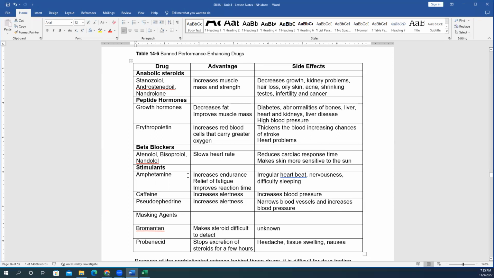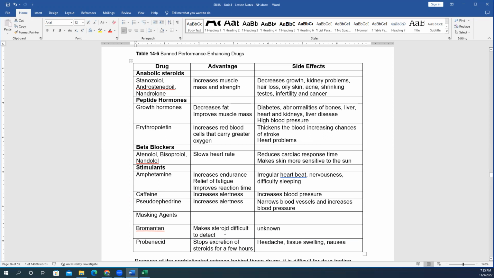Here's a list, certainly not a complete list, but a representation of some of the banned performance enhancing drugs. Some of these are anabolic steroids. Some of these fall under the category of peptide hormones, beta blockers, and other stimulants.